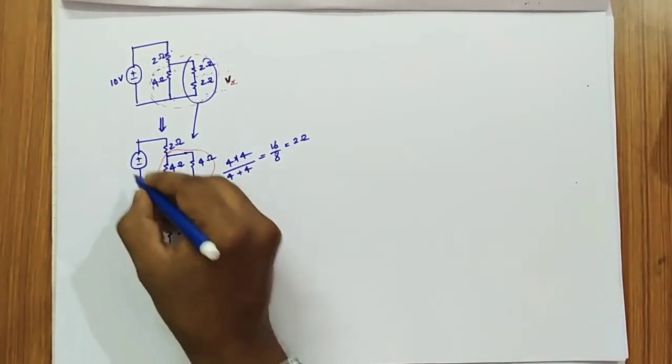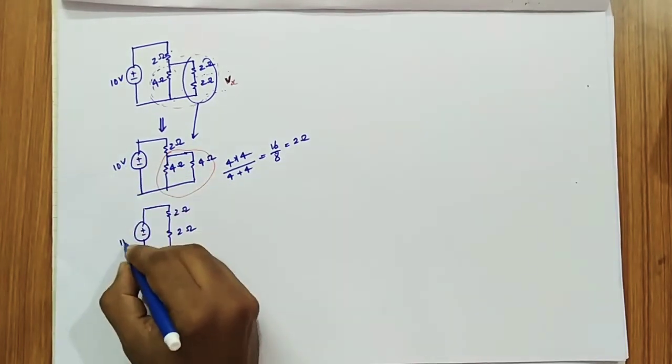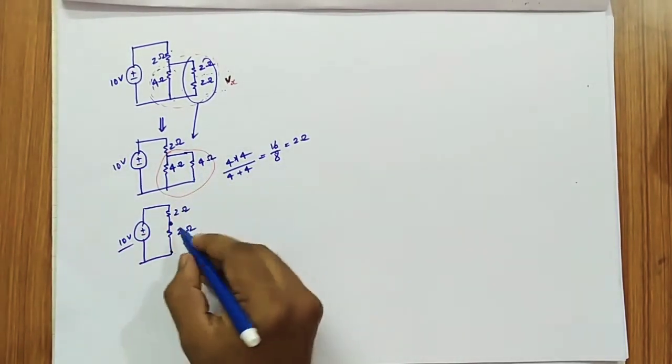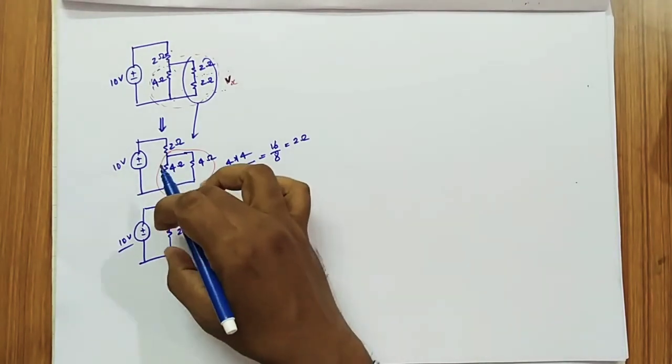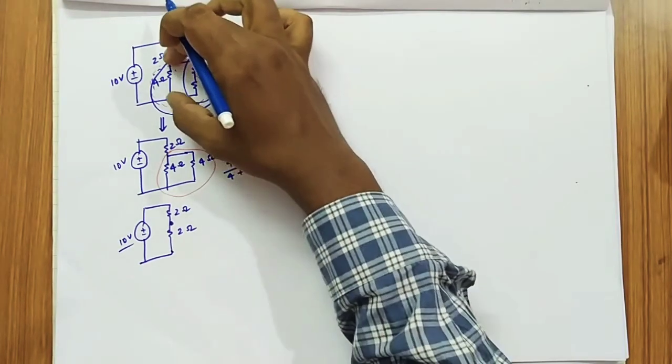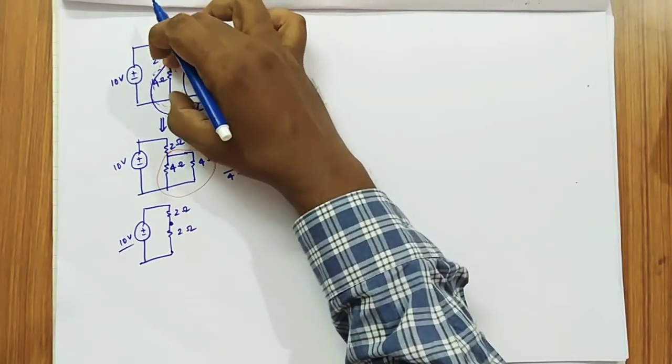So from here, two resistors are connected in series. If you want to find the voltage across this branch, that means finding the voltage across this whole thing, the parallel branch voltage.